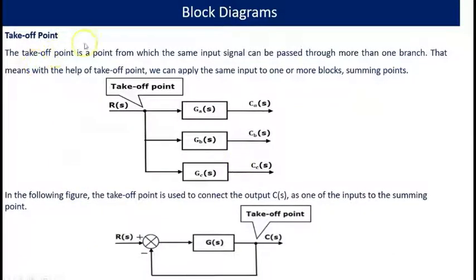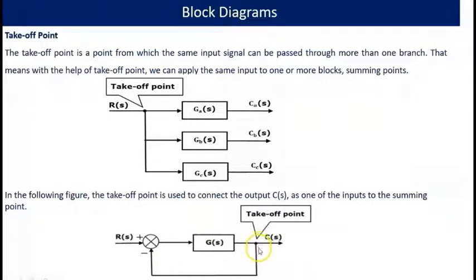Now what is takeoff point? From the takeoff point, we can give the same input to more than one blocks. The takeoff point is a point from which the same input signal can be passed through more than one branch. That means with the help of takeoff point, we can apply the same input into one or more blocks or summing point.